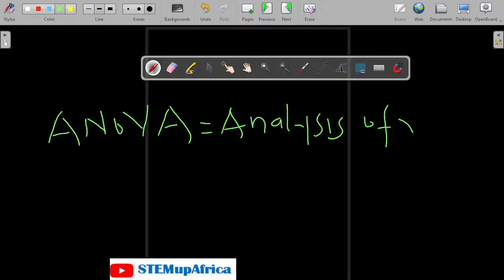Analysis of variance, not variation. That's what the ANOVA stands for.